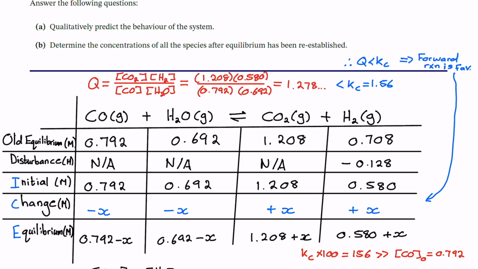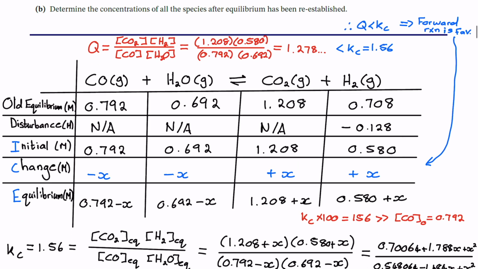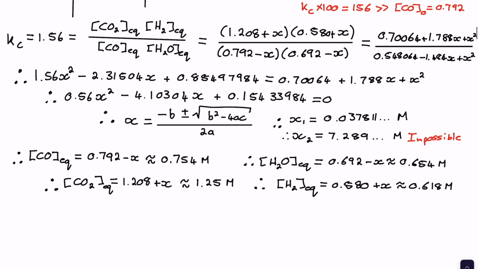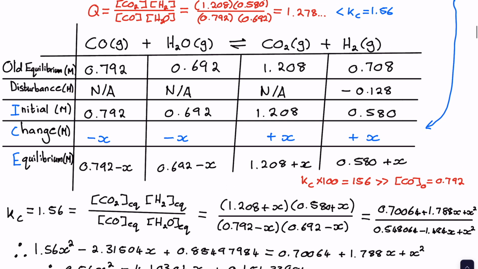The forward reaction is favored, so a reduction in the reactant concentrations and an increase in the product concentrations, and then we calculated them. And there you have them. We used the quadratic formula, and we used an ICE table with the old equilibrium and the disturbance added as separate lines to assist us in calculating them. So this is a very long problem, but a very useful problem as well.